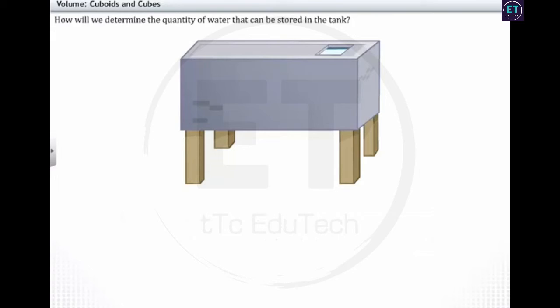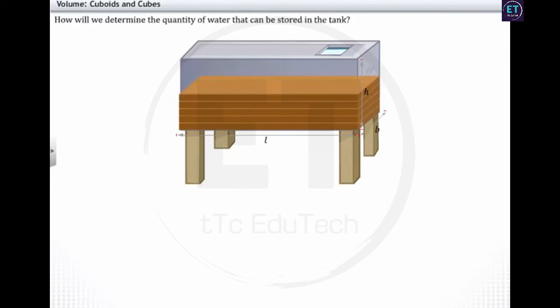Now, in case of the tank, if its length, breadth, and height are known, then we can derive the formula to calculate the volume of the tank. Let's imagine the water tank is made up of H number of rectangular sheets. The space occupied by one sheet, or the volume of one sheet, is equal to the area of a single rectangular sheet.